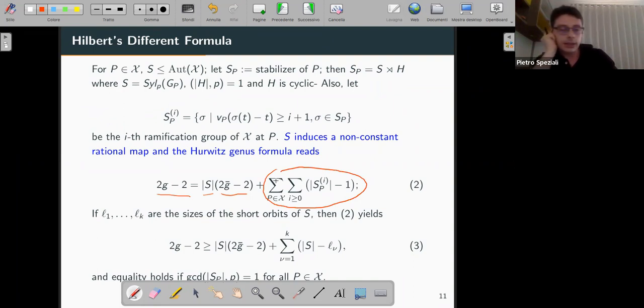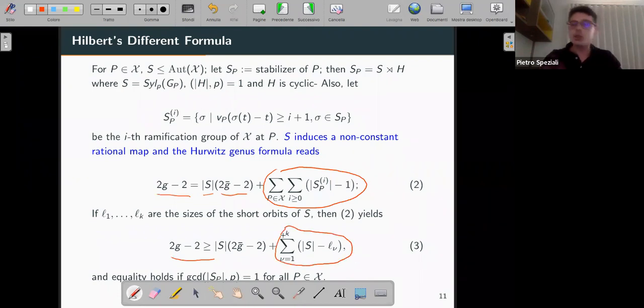And actually, if you take the size of the short orbits of X, so of the points whose stabilizer is non-trivial, then you always have this inequality. You may recognize this as the usual Riemann-Hurwitz formula in characteristic 0.